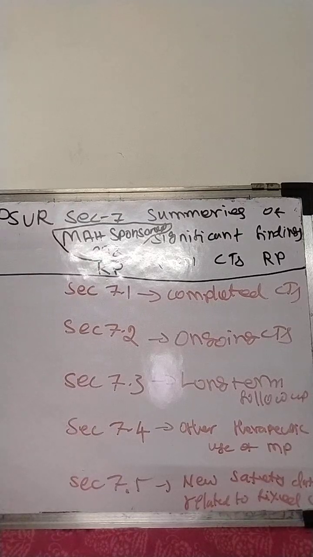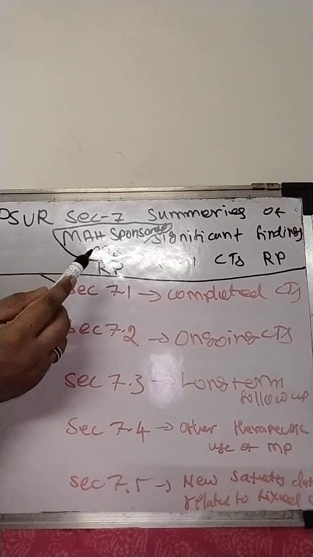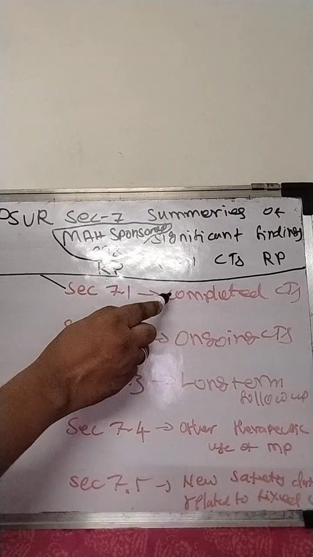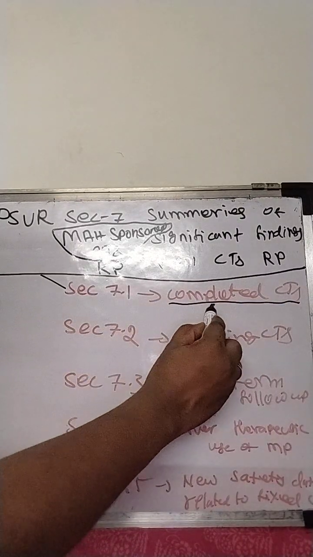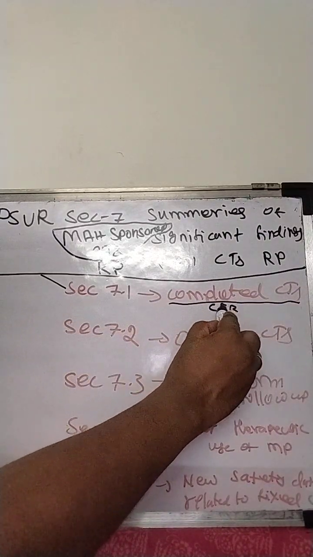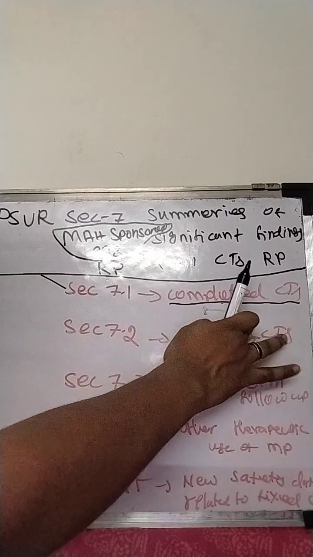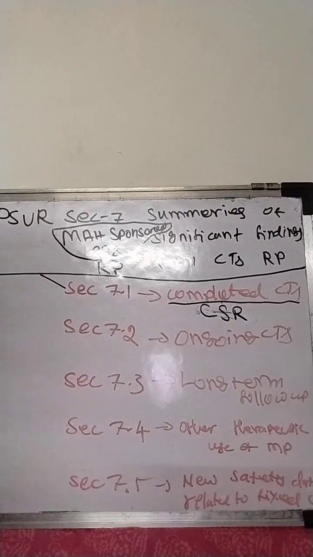In 7.1 usually they focus on whether, during your review period, any clinical trials have been completed. Completed clinical trials means when the clinical study report has been generated. The CSR should have been generated, and only then is it considered a completed clinical trial.